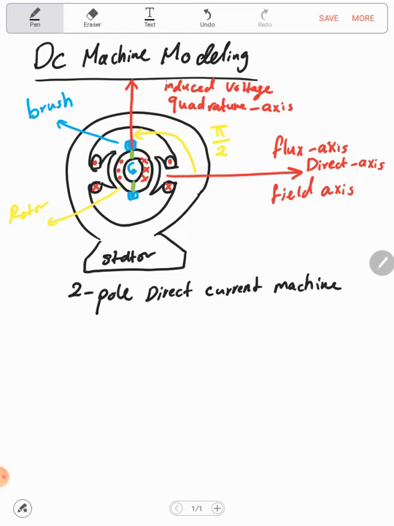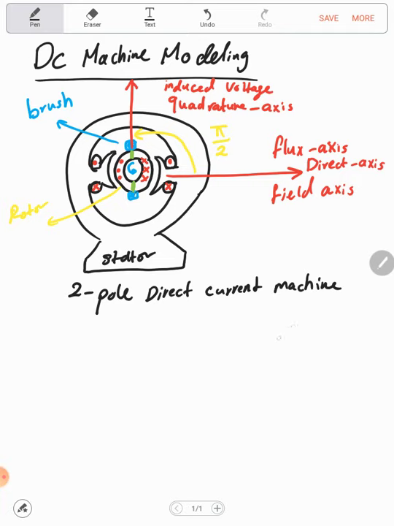Now, the first question, why are we needing the brushes and the commutators here? Simply, we can understand that from the first principle of electrical machine: if I need to generate a motion, I need a field and I need a current passing through that field. So according to the left-hand rule, a force will be generated. So here I will tell you the rule.